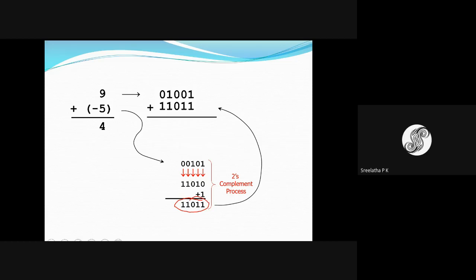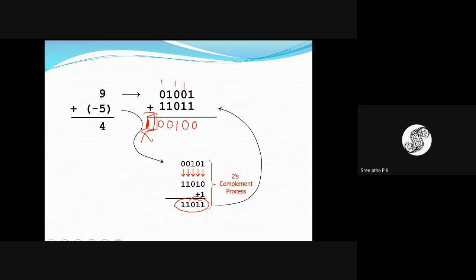When I do the addition, 1 plus 1 is 0, carry 1. So 0, 1, and 1. 1 plus 1 is 0, carry 1. 1 plus 1 again 0 and 1. Whatever you get beyond the number of bits of the operand is discarded and not considered.